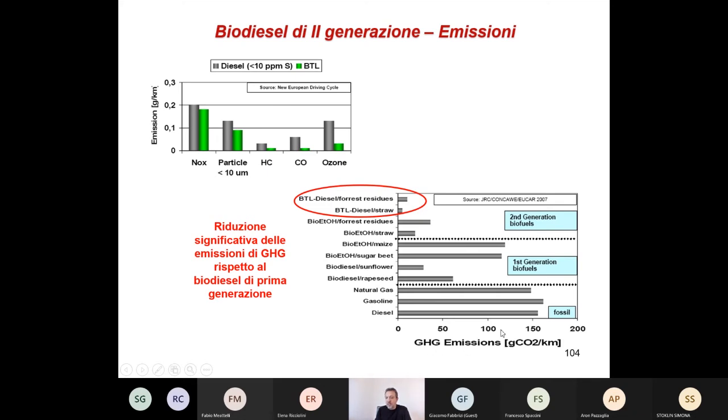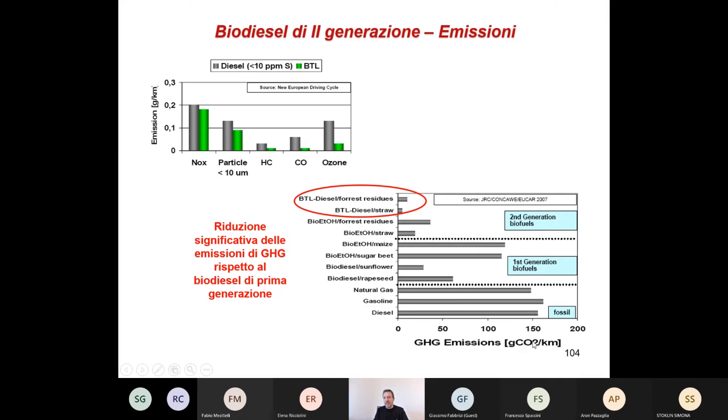We don't have time to go into detail of every biomass pathway, but you can see that, of course, fossil fuels have great greenhouse gas emissions. This is the unit we have, grams of CO2 per kilometer of your car, okay?